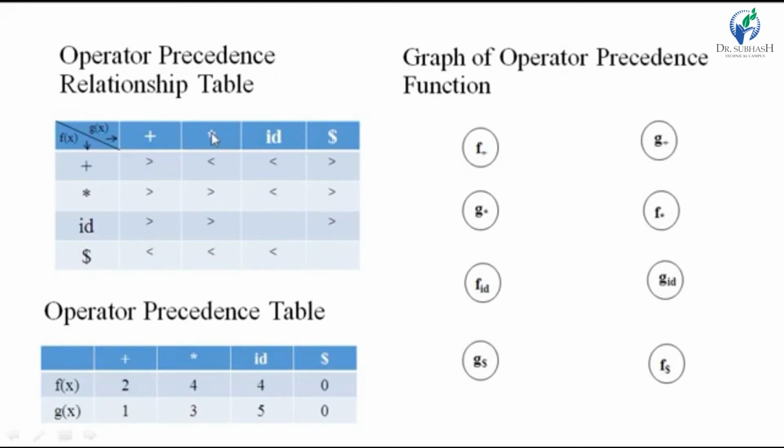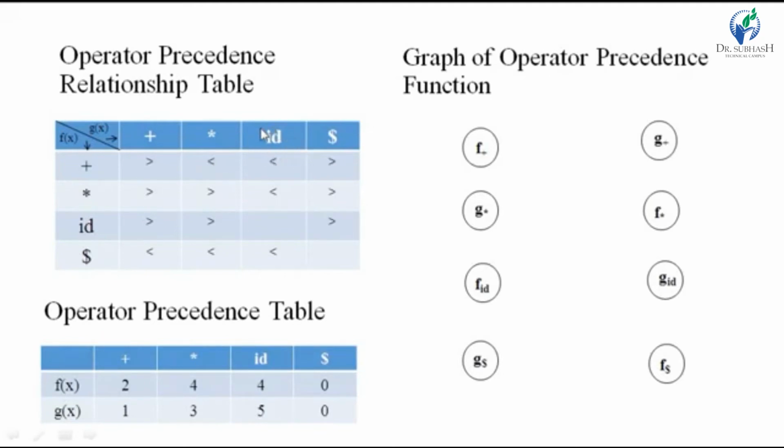For example, if you have a plus b into c, then first b into c, multiplication is executed first compared to addition. So first execute b into c, then the result of b into c is added with a. So multiplication priority is higher.